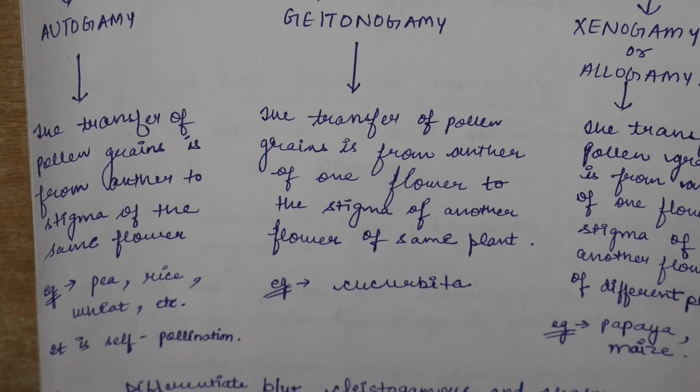Then it is also a self-pollination. The pollen grain is transferred from the anther to the stigma of another flower of the same plant, which is known as geitonogamy. What is the example of it? Cucurbita.